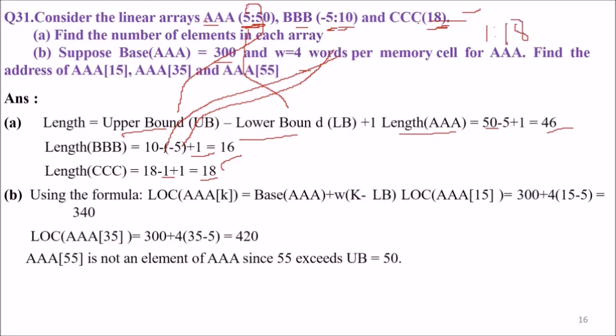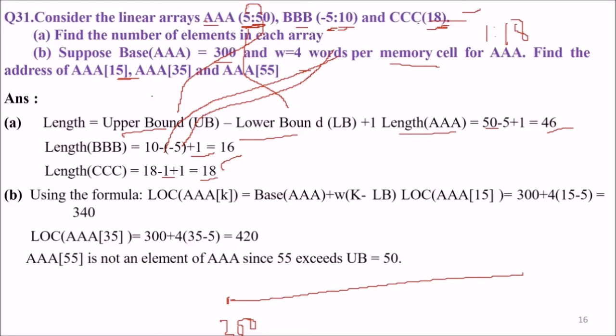Okay, now as I said, the base AAA is 300, and there are 4 words per memory cell. So what it is saying is the base address, that is, consider the start of the line. This is 300, and it takes 4 words per memory cell, and you have to go to 15.